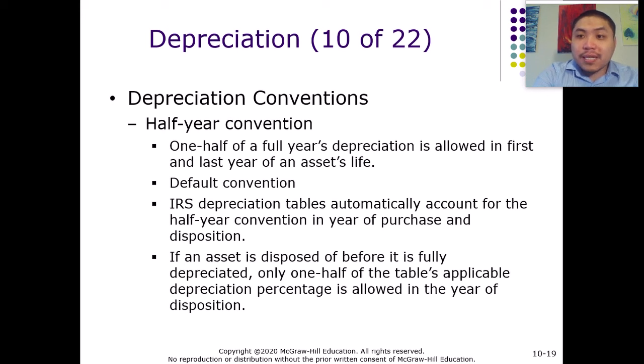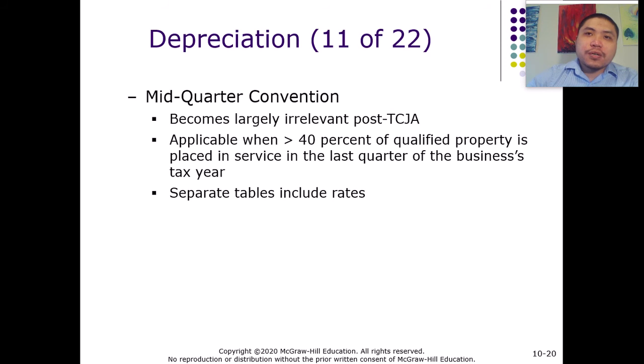That is bad for the IRS, because these taxpayers, these companies, are trying very aggressively to avoid paying taxes by claiming that deduction. Because of that, the IRS came up with the mid-quarter convention, which is created to prevent that kind of tax avoidance.